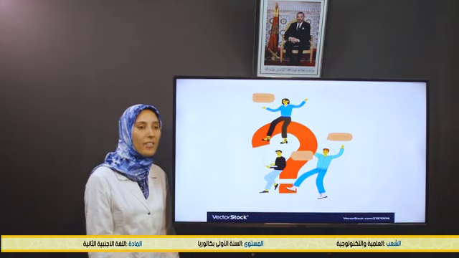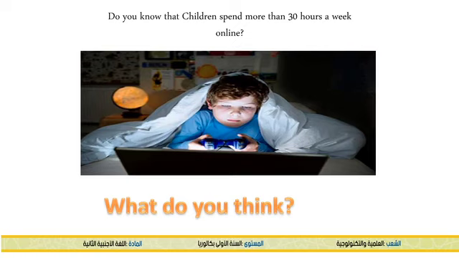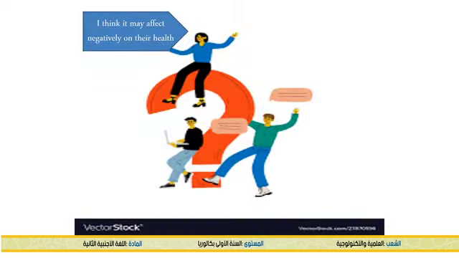Here we have people who are going to express their opinion about the previous picture. Let's see their opinions. The woman says, I think it may affect their health negatively. So this is her opinion. Let's see the second opinion.